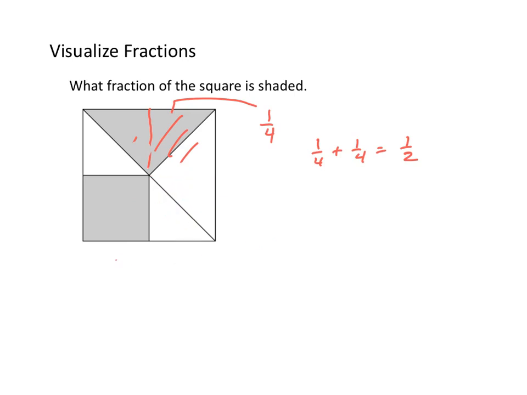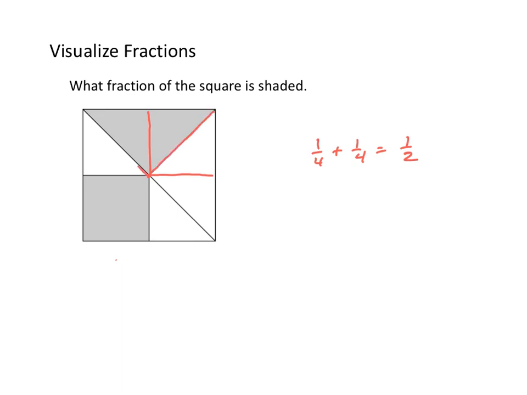Well, what's another way that we could have done that? Well, let's take a look. What if we divided these 2 shaded shapes into their respective parts like this? Okay, so I'm going to continue these lines across like this, but I'm also going to continue these lines.